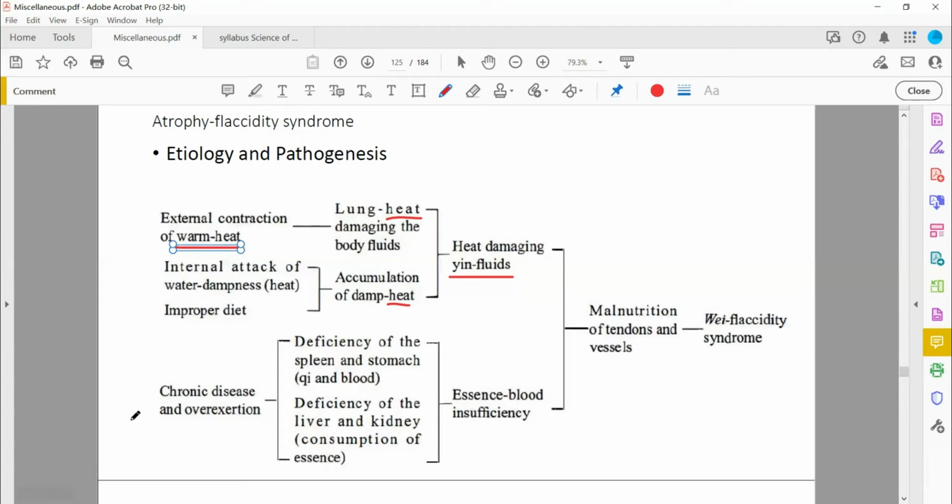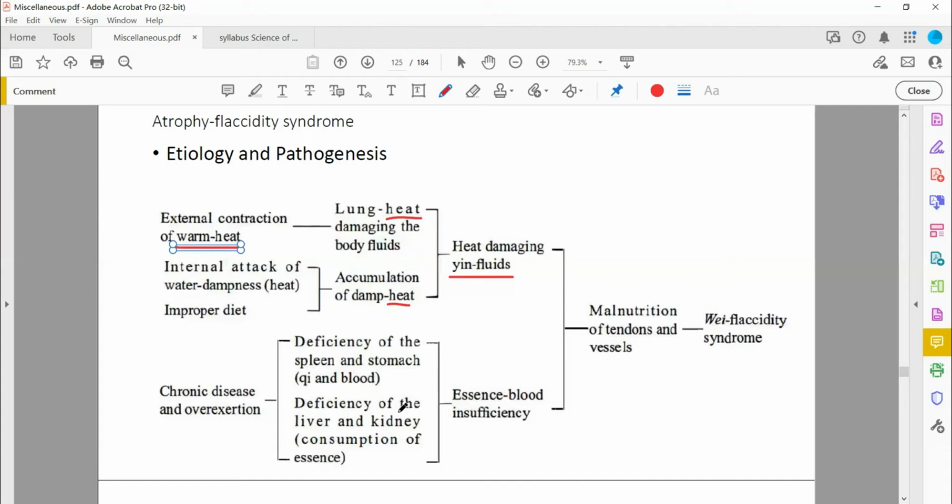There's another aspect that's talk about chronic disease and overexertion, right? So it could damage the spleen, the organs, the viscerals. Then there will be deficiency of the spleen and the stomach, right? Then it will affect the chi and the blood.